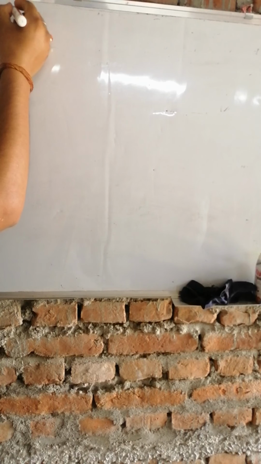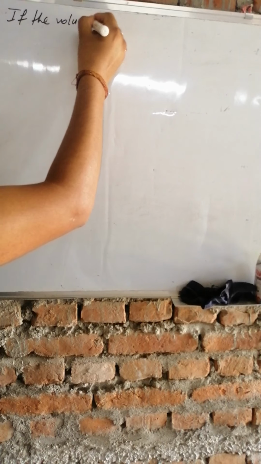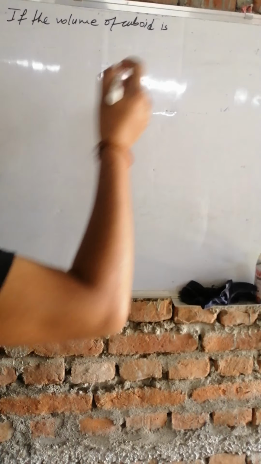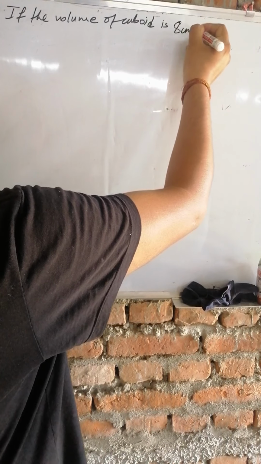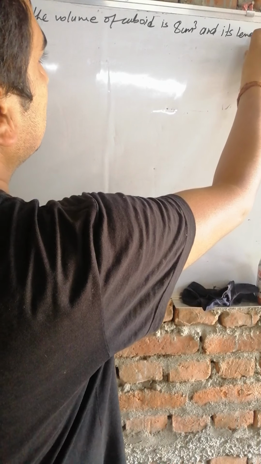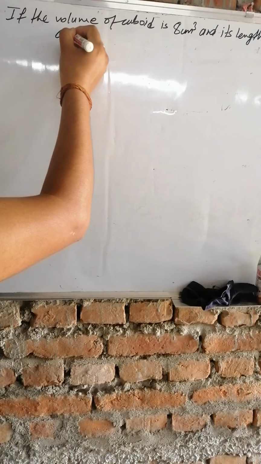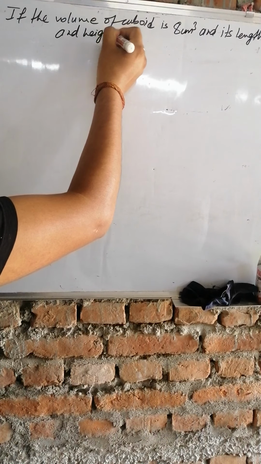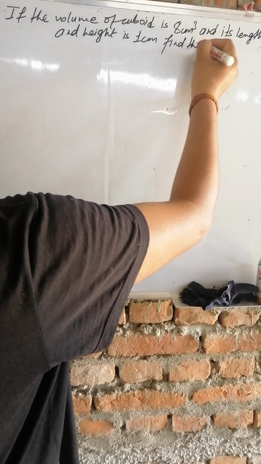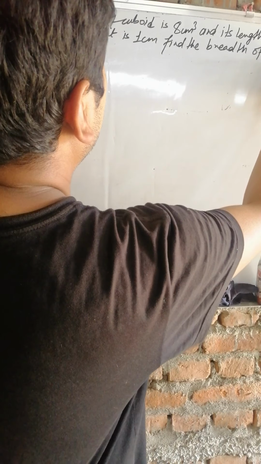If the volume of cuboid is 8 centimeter cube and its length is 4 centimeter and height is 1 centimeter, find the breadth of cuboid. Okay, breadth of cuboid.